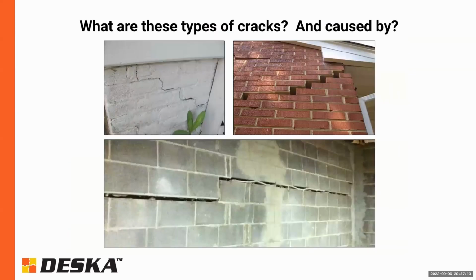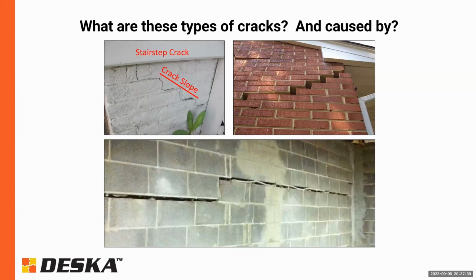For these stair step cracks, like in these top two pictures here, just to help you identify what may be going on when you see these, typically we look at the overall trend of the crack. So it's a stair step crack, so it's running horizontally and vertically. However, the overall trend of the crack is actually more like a diagonal crack, and that's essentially the slope of the crack.